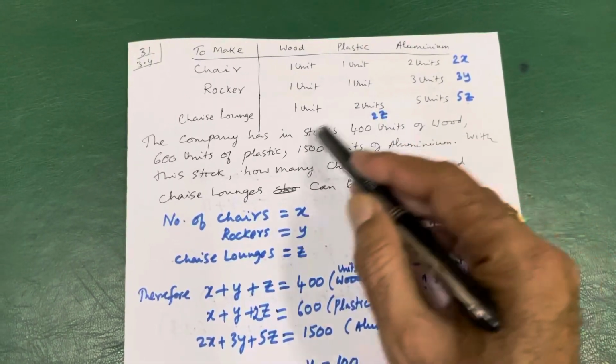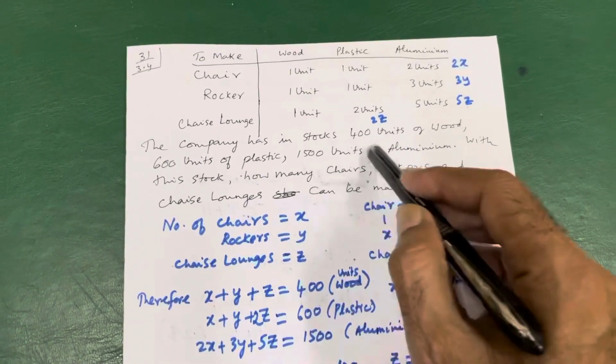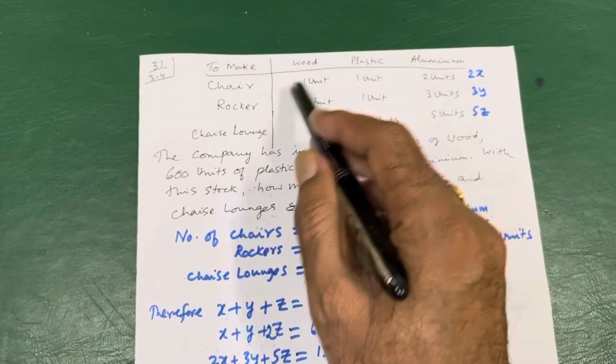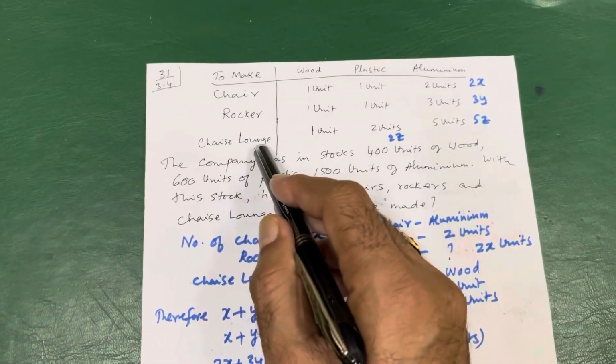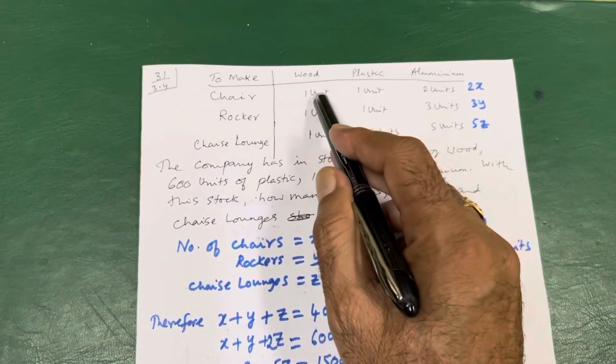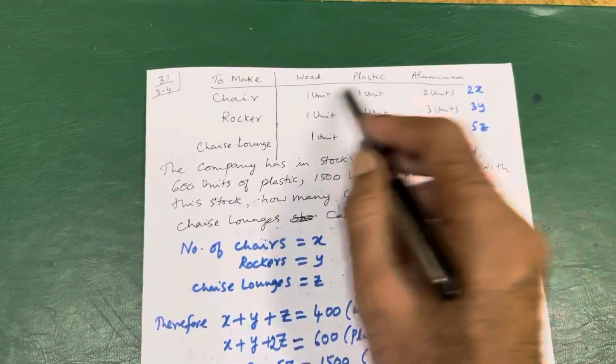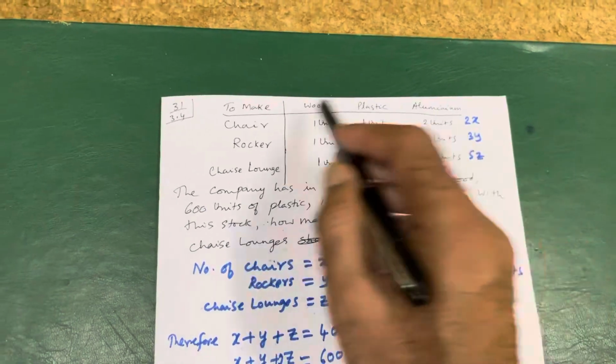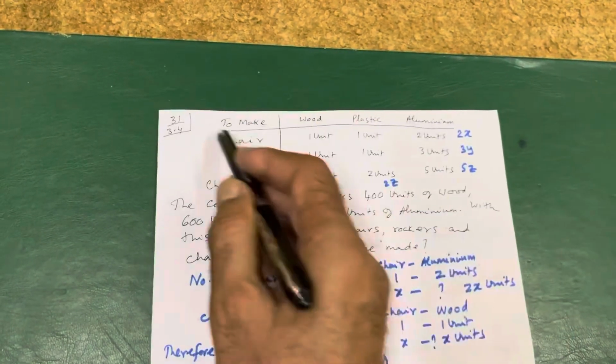So the factory has this much material. That material is picked up by the chair making person, rocker making person, and chaise lounge making person. He took 1 unit, 1 unit, 1 unit, he made 1 chair. Again he came back, again he took 1 unit, 1 unit, 2 units, and he made a second chair. Like that, he made x chairs.